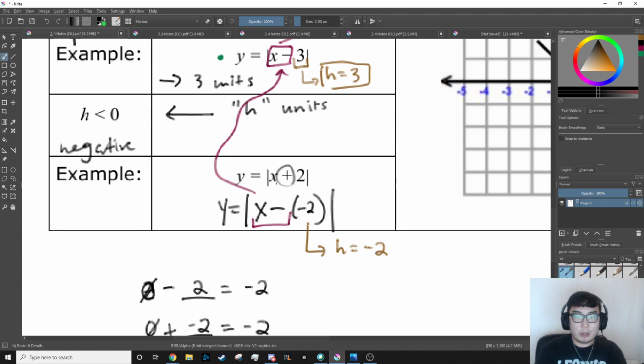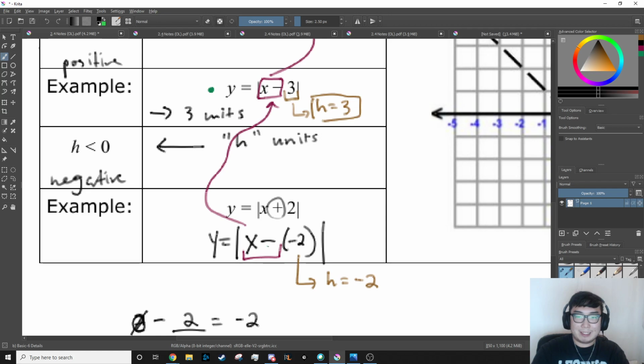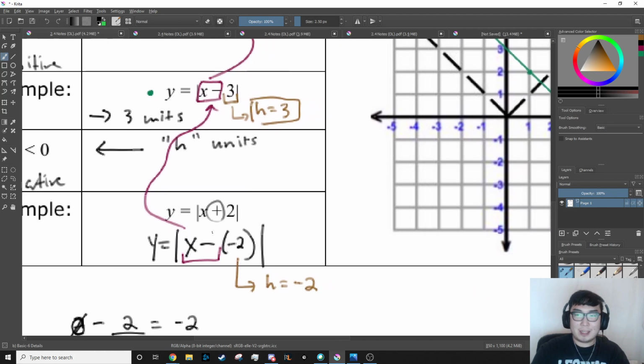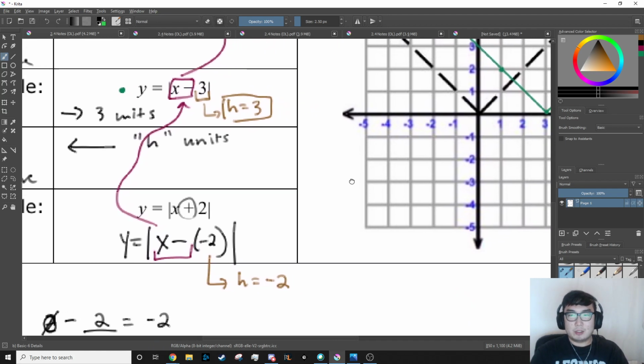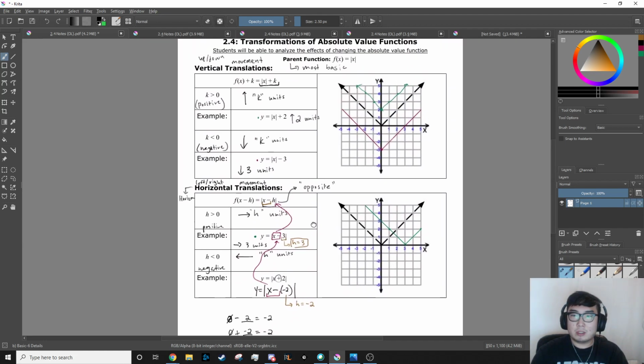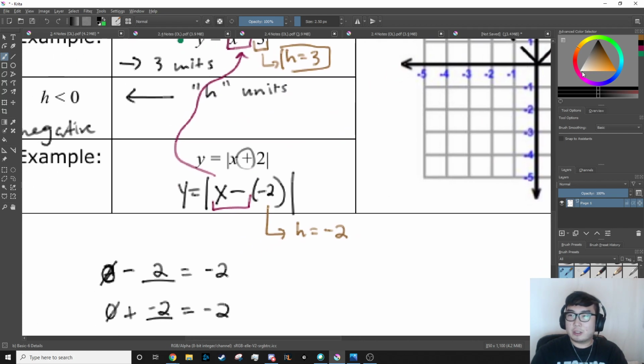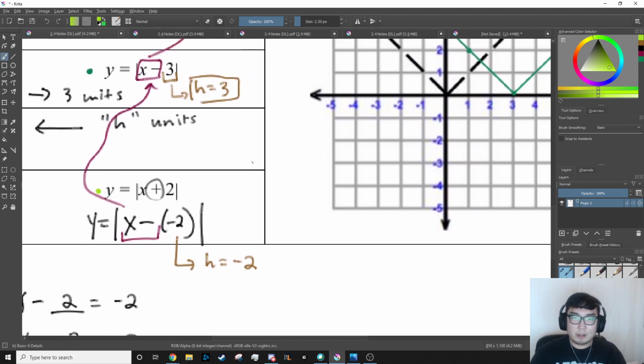It's not because my equation looks like it's positive 2, but because you will know that the base equation is x minus h for the inside of the absolute value. So what that looks like is like so. I think I used this maroon color. Yeah, I did. I won't use that color. I'll use this limey lemon yellow color.